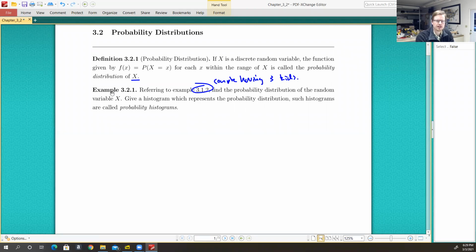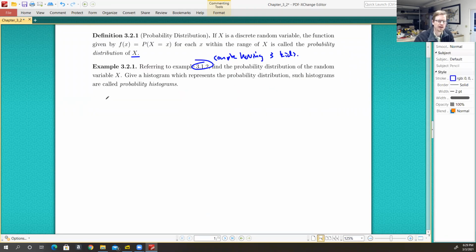So let's identify what the probabilities were in each of those cases. So we have x. What are the possible values for x? We said 0, 1, 2, or 3.